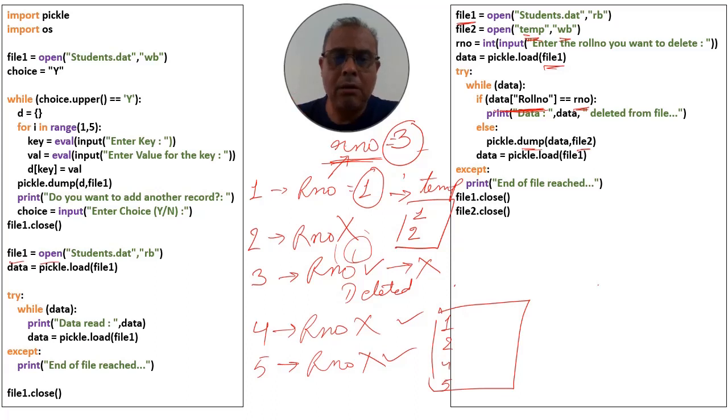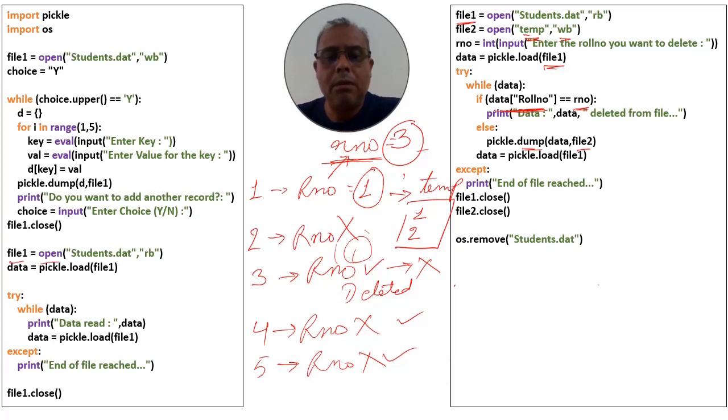Now our deletion operation has been performed successfully, but the data with the deleted record is written in the temp file, and we want to give the illusion to the user that it is not the temp file, it is the students file in which the record has been deleted. So let's see what we are going to do.